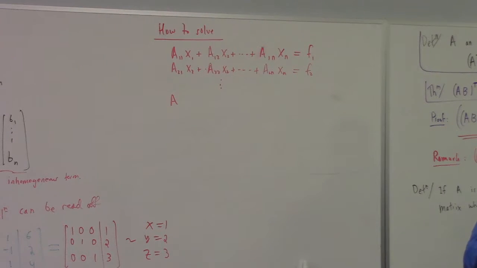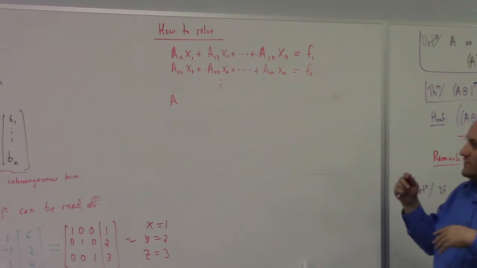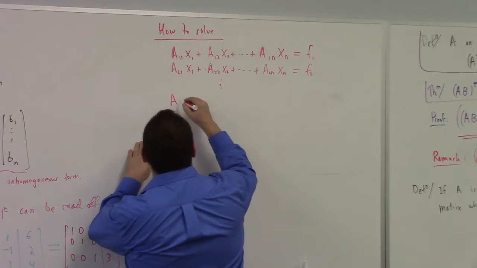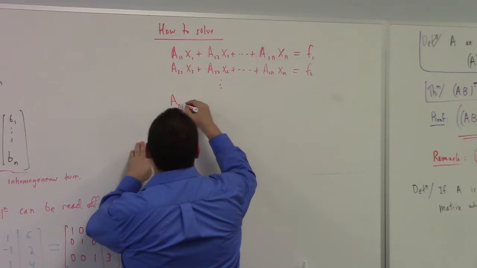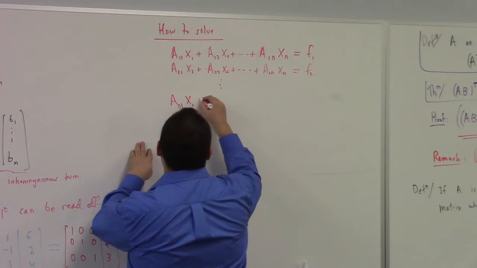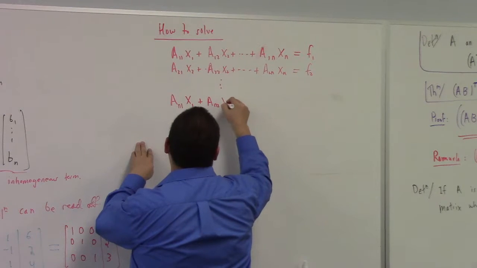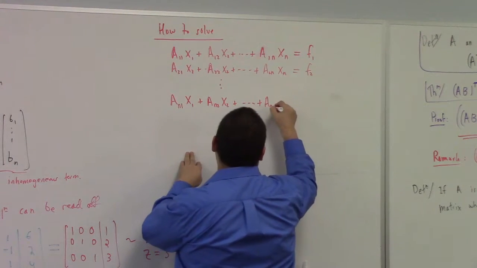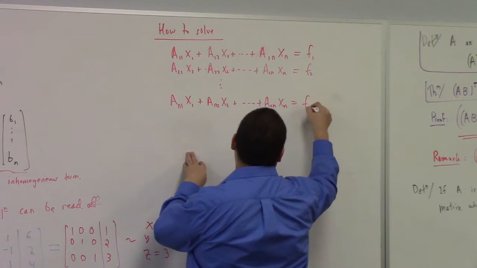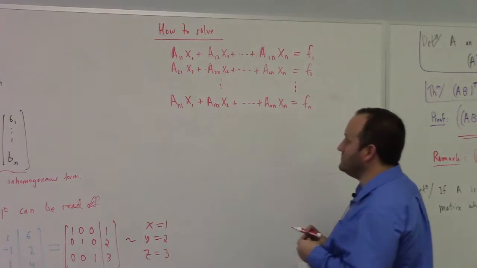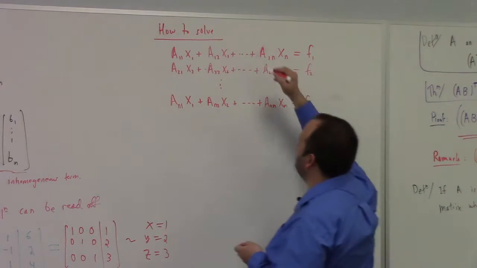Those are interesting questions for linear algebra, and here we're a little bit more focused. We're only going to look at n differential equations in n unknowns, so the total order of the differential equations will match the total number. In other words, the number of rows and the number of columns will match. So an1 x1 plus an2 x2 plus and so on plus ann xn is equal to fn. We're interested in how we solve this.